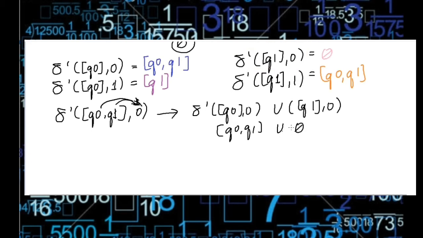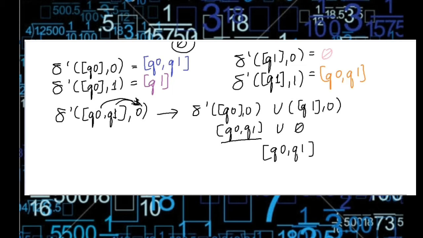So, what is the union of Q0, Q1, and null set? O, syempre, para mong ginawa ay 1 plus 0. So, anong marereflect mo? 1 pa rin. So, kokopyahin nyo lang tong nasa left side. So, ang magiging ating target states now ay Q0, Q1. That's it.